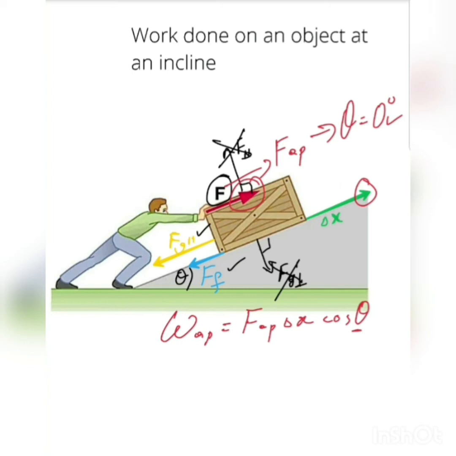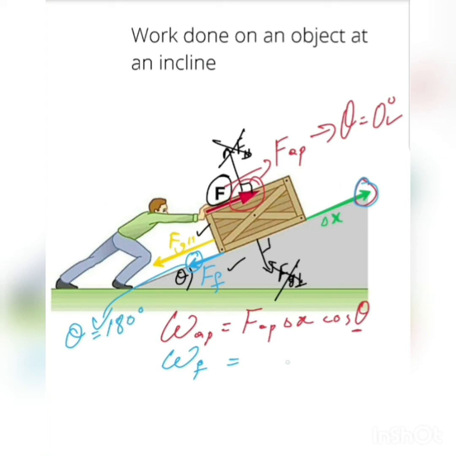Then secondly, we are going to calculate the work that is being done by the frictional force. If we check, the frictional force is acting in the opposite direction to the displacement, meaning the angle that exists between the frictional force and the displacement equals 180 degrees.